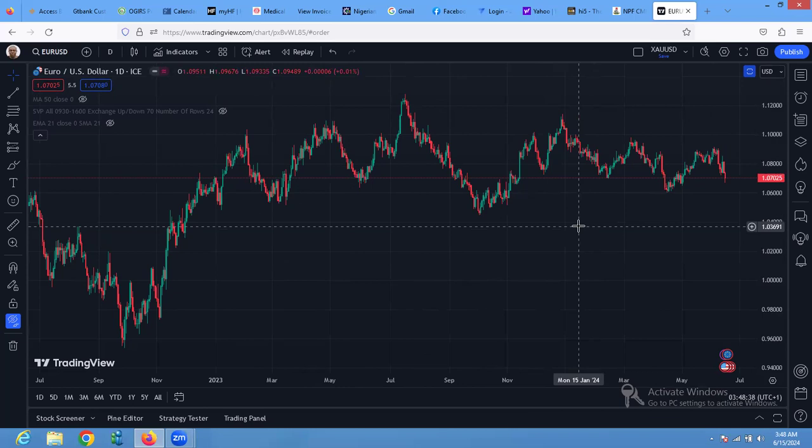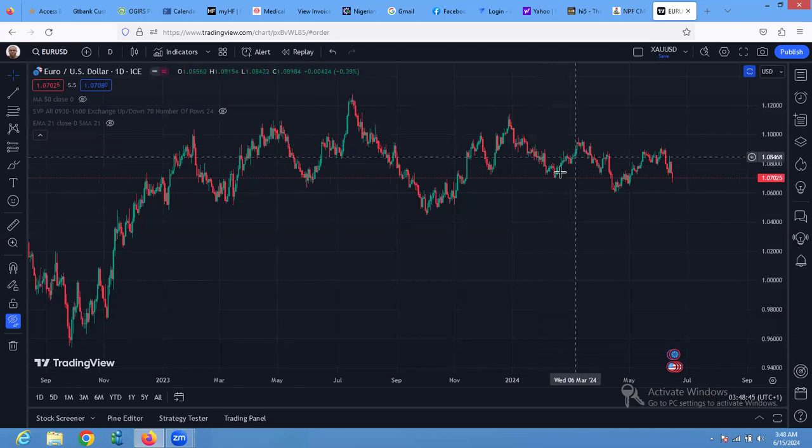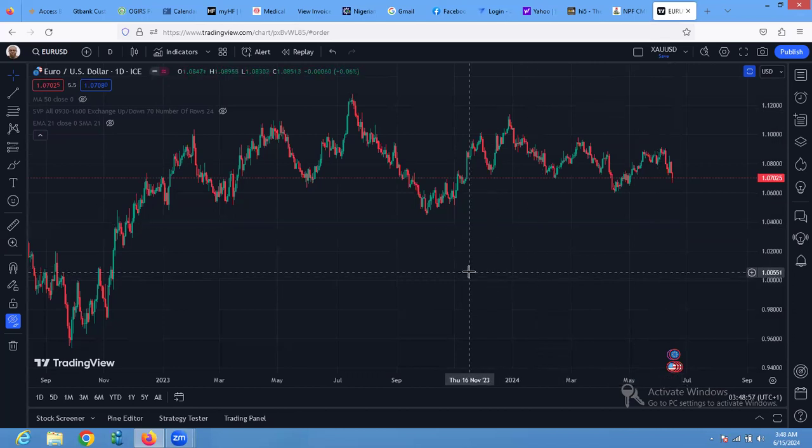If you draw your trend line this way, this will cross it. If you draw up here, this will cross it, and like that. And if you draw this one up here, this had crossed it. Again, pay attention to wave and what you call engulfing candle, and the reason why you have that.